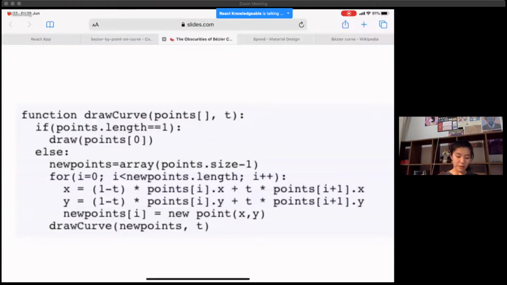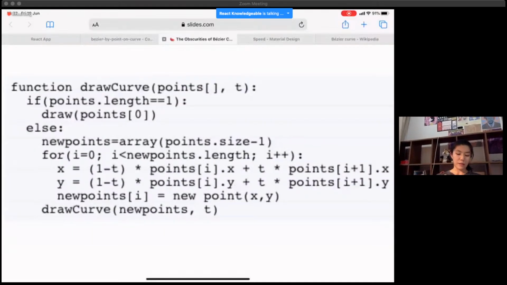We're trying to deduce the next generation of points from the previous generation. And how do we do that? So we create the array, and the size is going to be previous generation minus 1, because we're getting 1 fewer point in each generation. And then we populate the points in that generation. So for all of these points, what you do is you multiply 1 minus t by the first point of the previous line segment, plus t multiplied by the second point, okay?